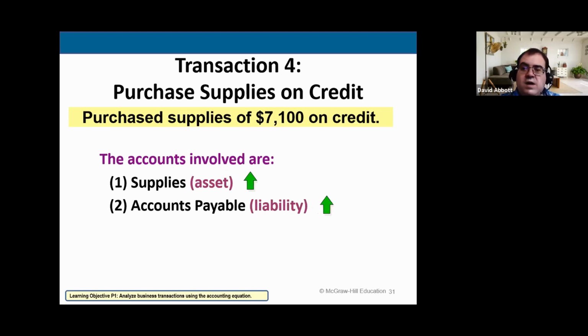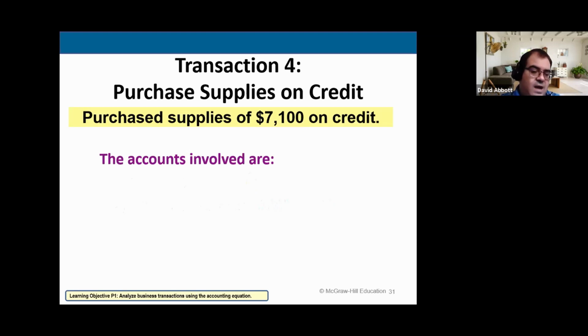We know that assets are going to increase because we're receiving supplies. And then we see that accounts payable is going to increase, liability, because we owe for the supplies. So we know that, again, it's not here, but I'm just going to tell you that we would debit supplies because we're increasing supplies.